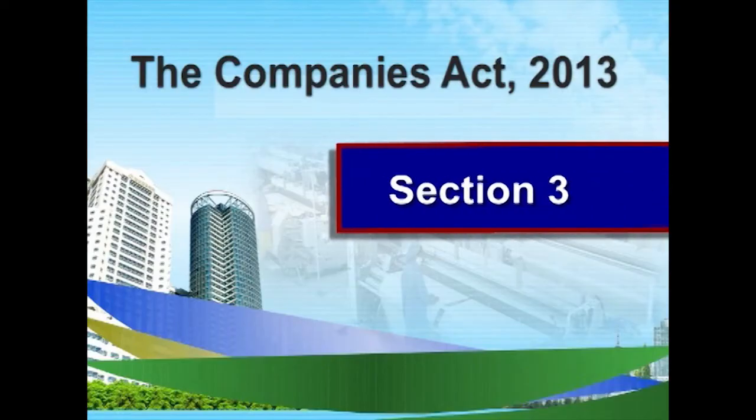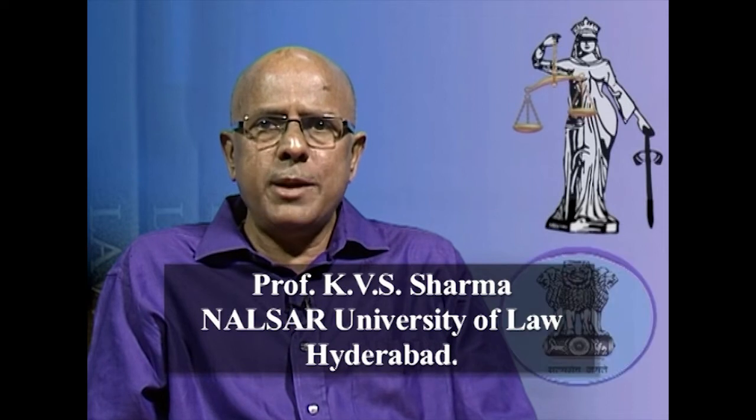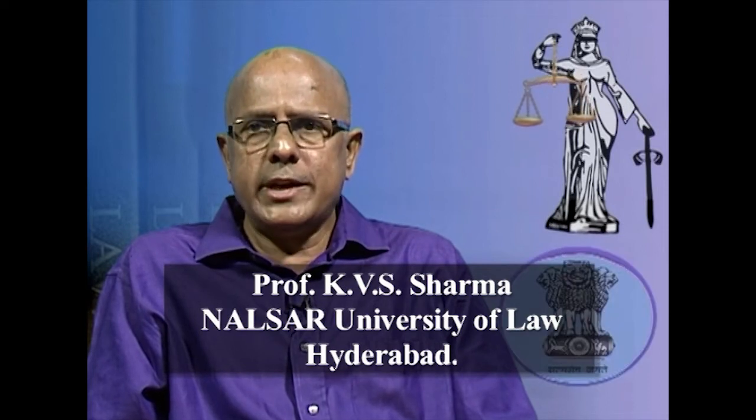According to section 3 of the Act, the memorandum and articles have to be subscribed by at least 7 persons in the case of a public company and by at least 2 persons in the case of a private company. Each subscriber must sign the document and must write opposite his name the number of shares he takes, but no subscriber shall take less than 1 share.